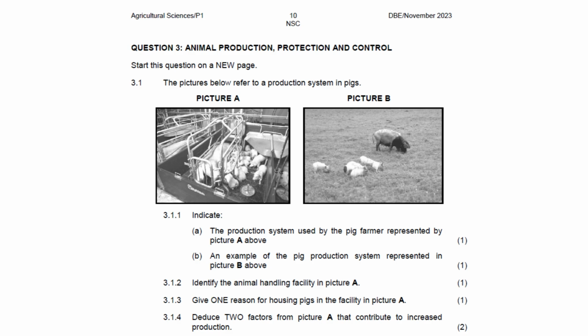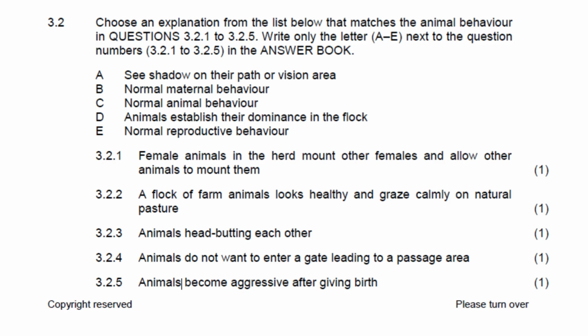Now, moving to the next one. Choose an explanation from the list below that matches the animal behavior in questions 3.2.1 to 3.2.5. Write only the letter, from A to E, next to the question number.